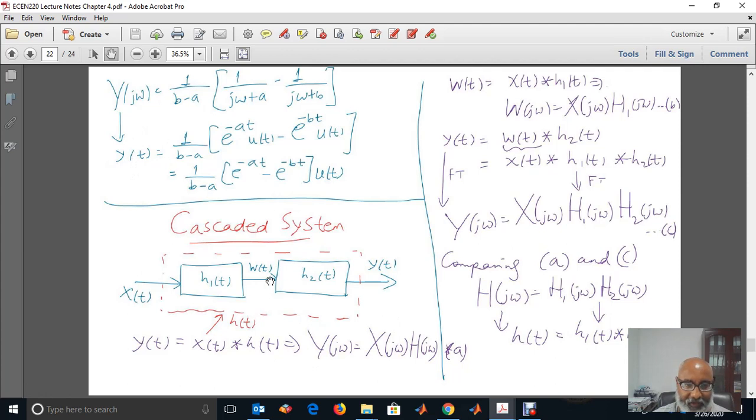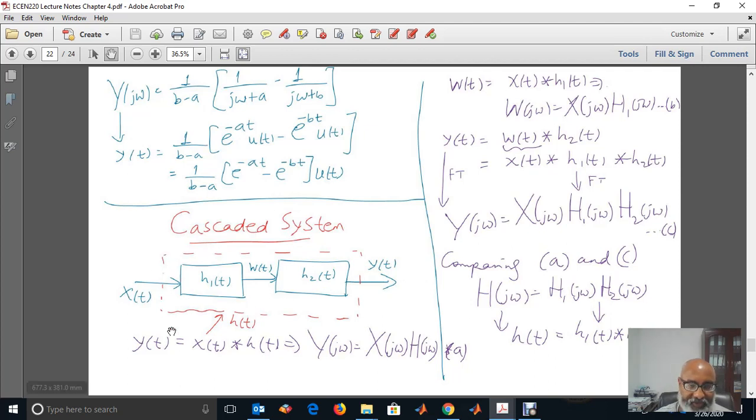Now, if I have, for example, a cascaded system, how are we able to solve? Cascaded system means I have here input x of t. I have the first system, the output of the first system is w of t, and it becomes an input to the second system, h2 of t, and I get y of t.